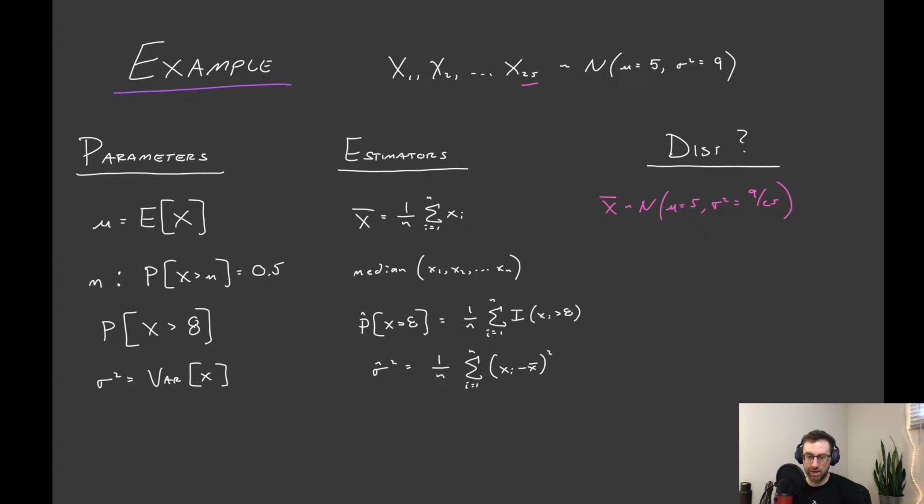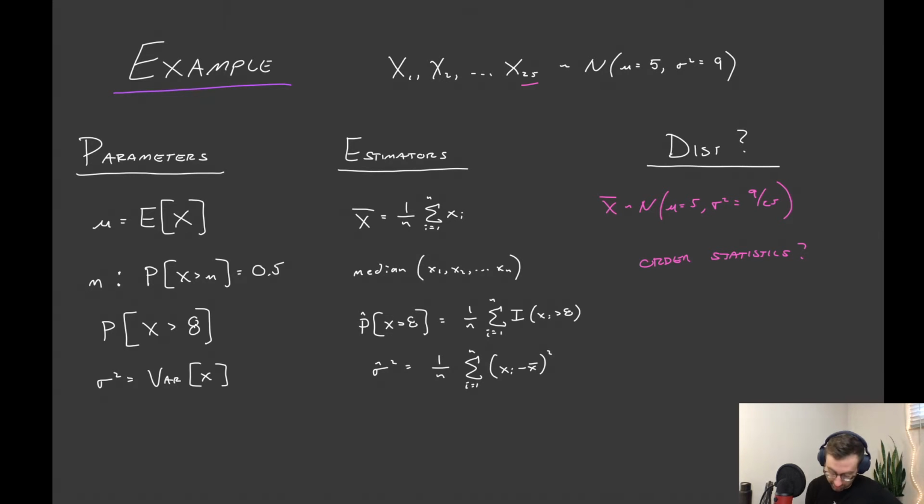What I'll say is we could absolutely derive the distribution for these next three estimators, but I really don't want to. For the median, this would involve order statistics. If you've taken 410, the math behind that is probably flooding back to you, and you're not enjoying that. For this probability estimator, that actually wouldn't be too bad.